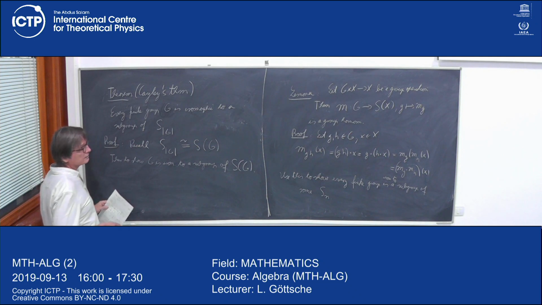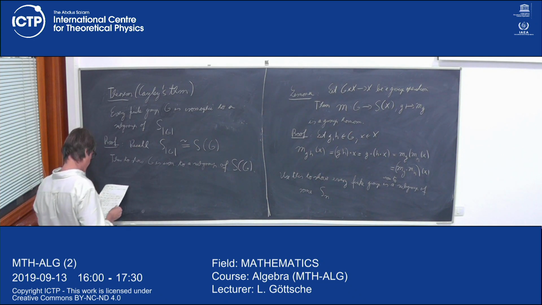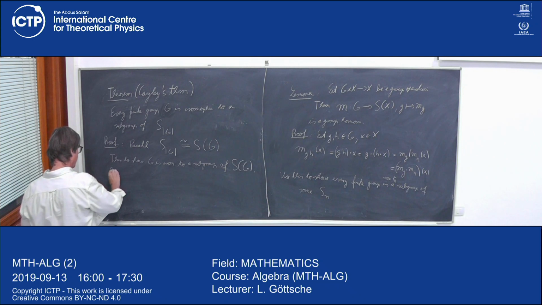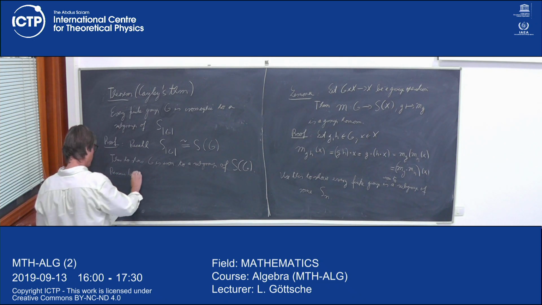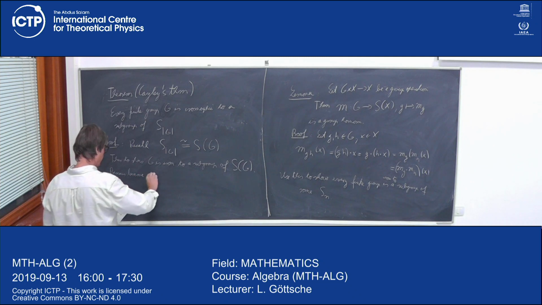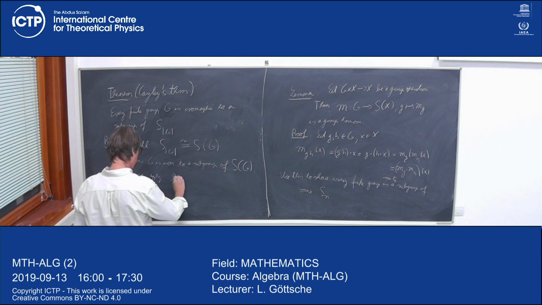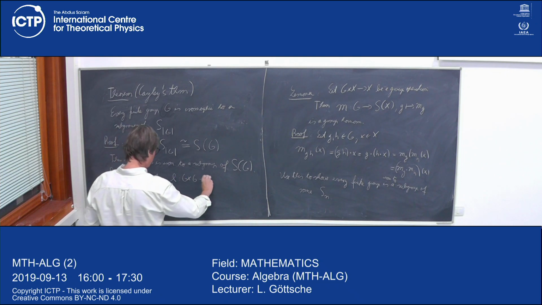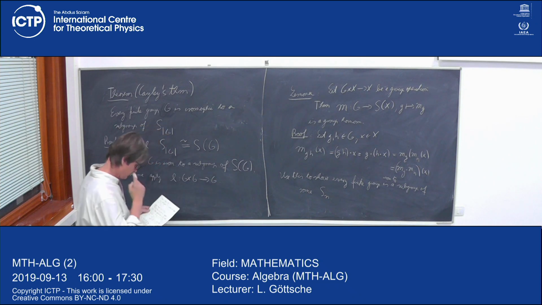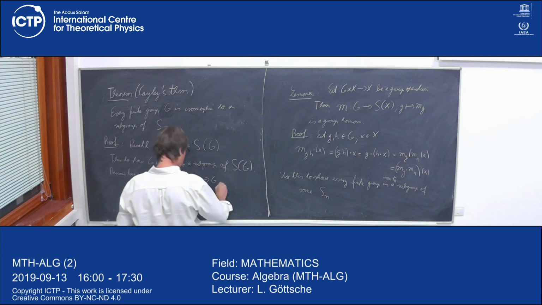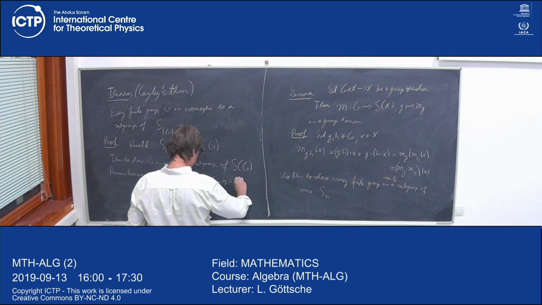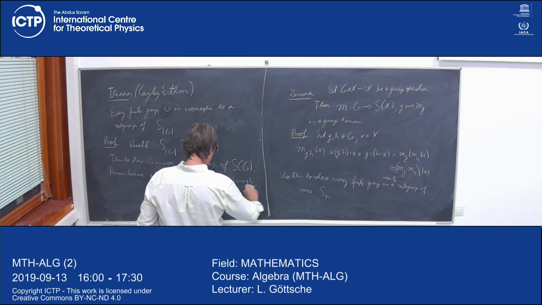Then G will be isomorphic to the image. So we apply the previous lemma to this left translation which we had, L from G times G to G, which was (g, h) maps to gh.